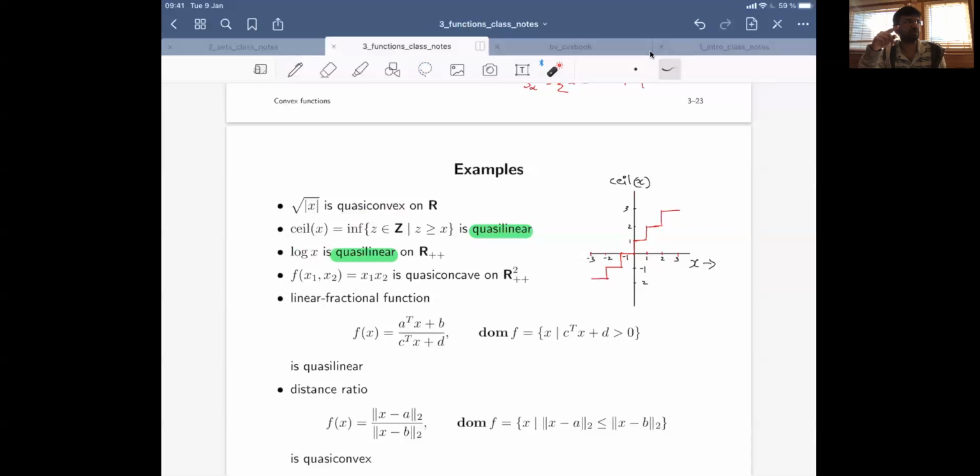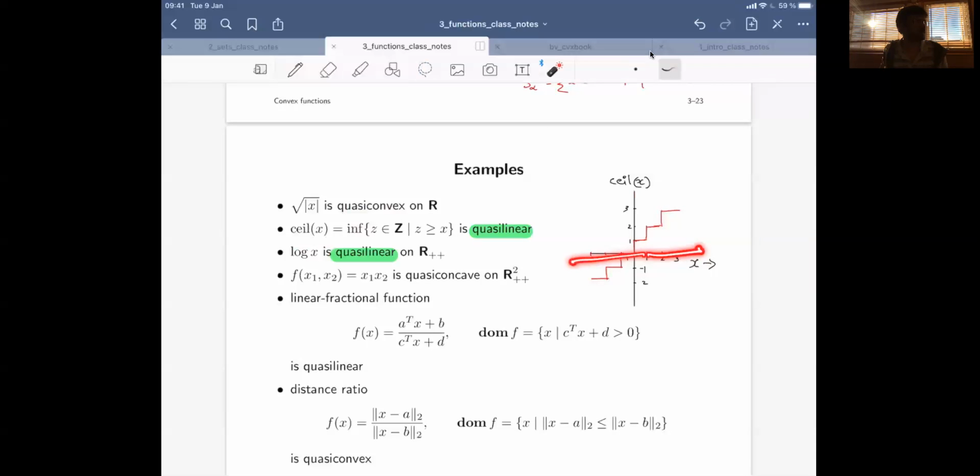If you have 5.3, ceil of x will be 6. The floor of 5.4 will be 5. So the ceil has a shape like this, and both its alpha sub-level set and super level set will be convex.